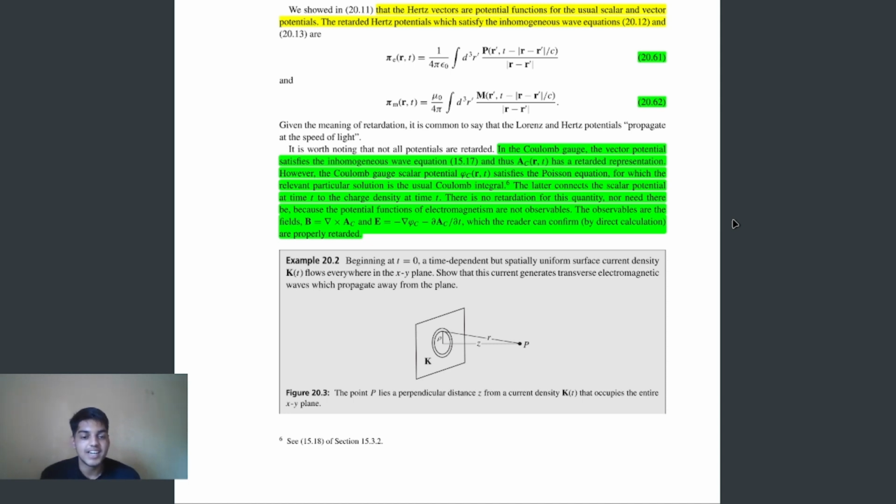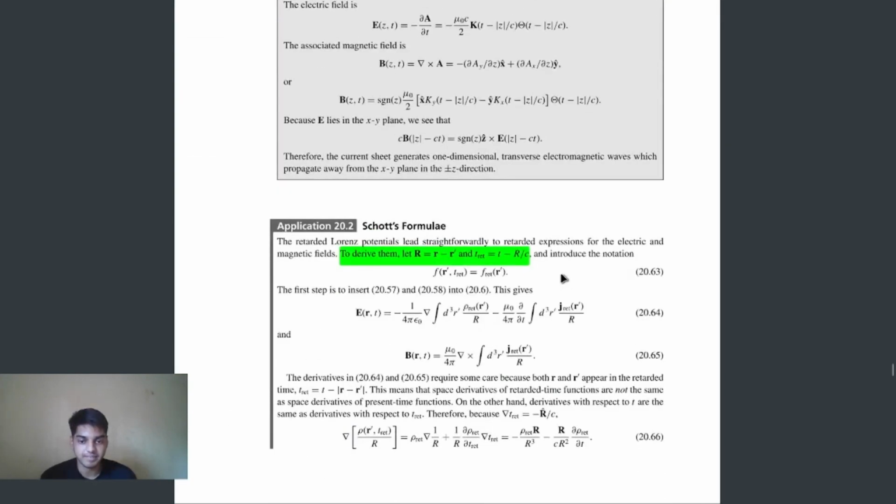There is no retardation for this quantity, and nor need there be, because the potential functions of electromagnetics are not observables. The observables are the fields, B is equal to the curl of A, and E is equal to minus dA by dt, which the reader can confirm by direct calculation are properly retarded.